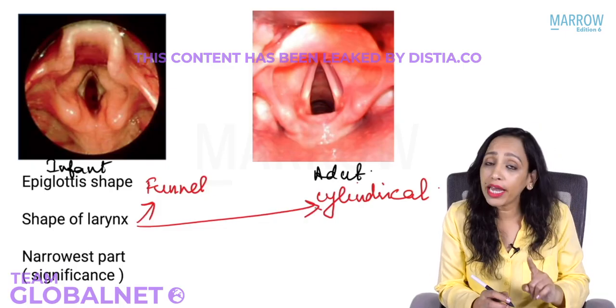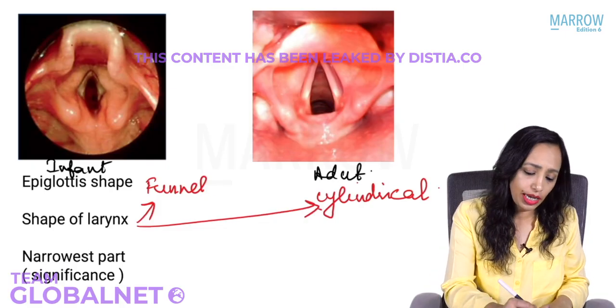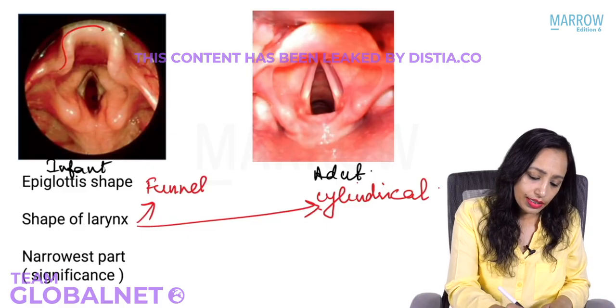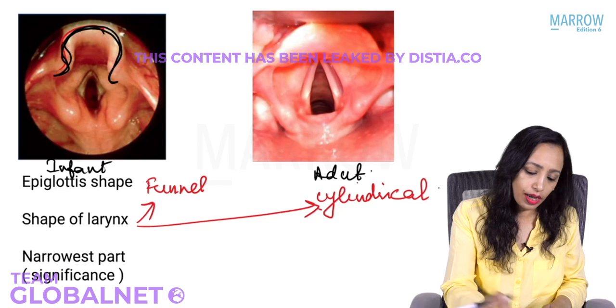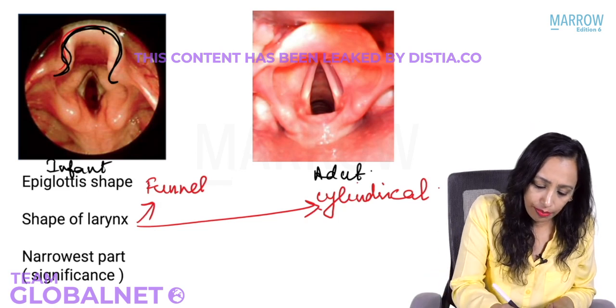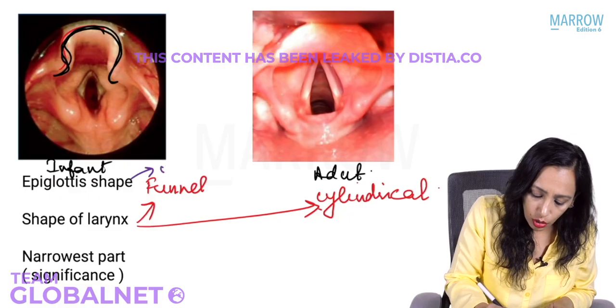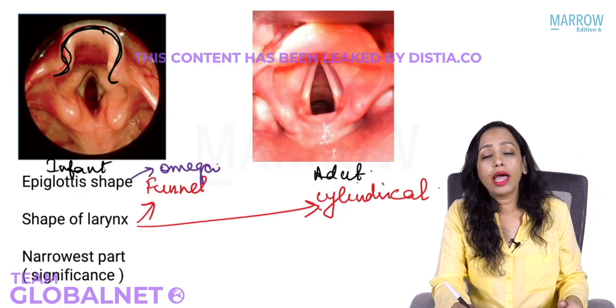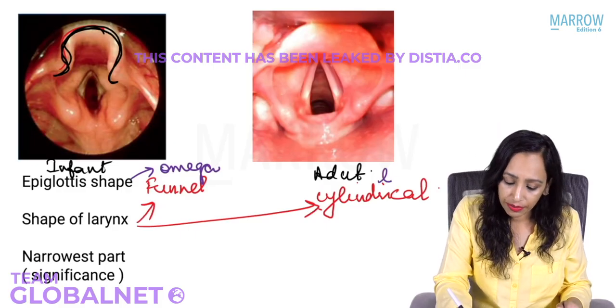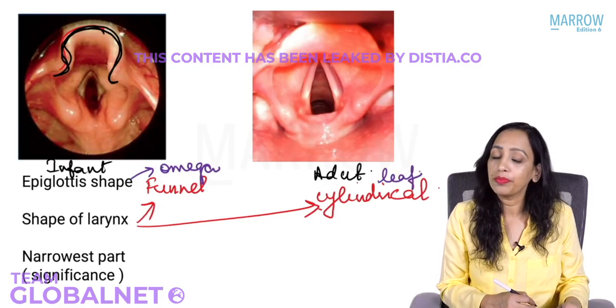Now, the shape of the epiglottis. Just see how it is in infants. Can you see it is omega shaped? Is it looking like omega? So the epiglottis shape in infants is omega, whereas in adults the epiglottis shape is leaf shaped.